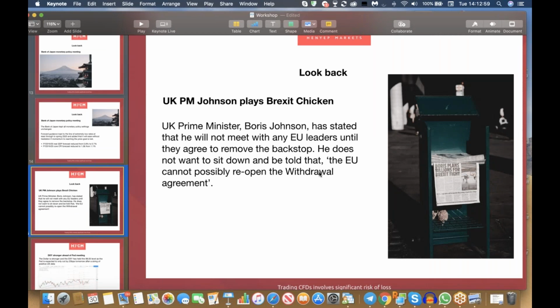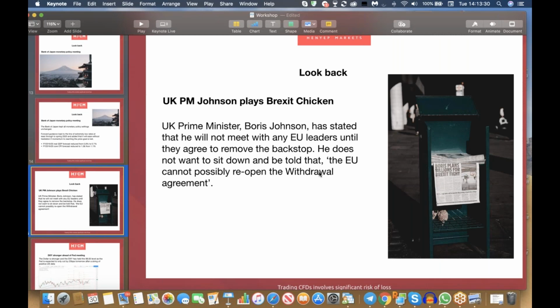Okay, and then Prime Minister Johnson is back playing Brexit chicken. Now, for those of you who are unfamiliar with the situation, I'll give you a very brief summary. The Conservative leader, Theresa May, who was the Prime Minister of the UK, has resigned, and there was a leadership contest. That leadership contest has been completed, and Boris Johnson won the contest. He's now the UK's Prime Minister.